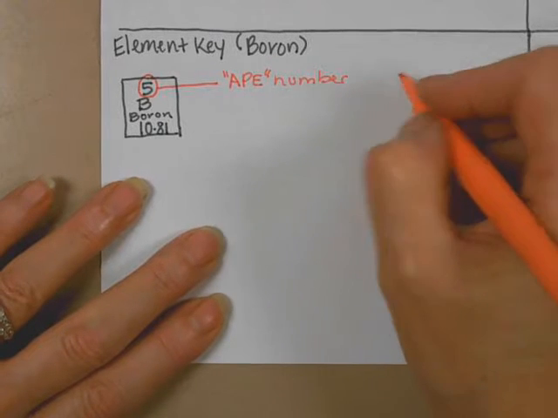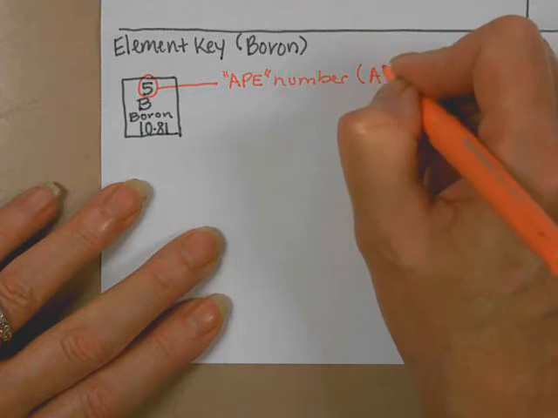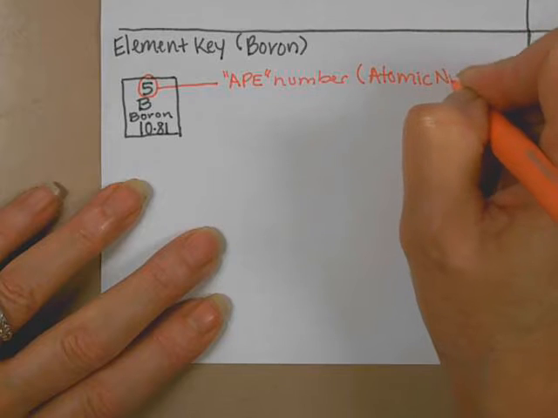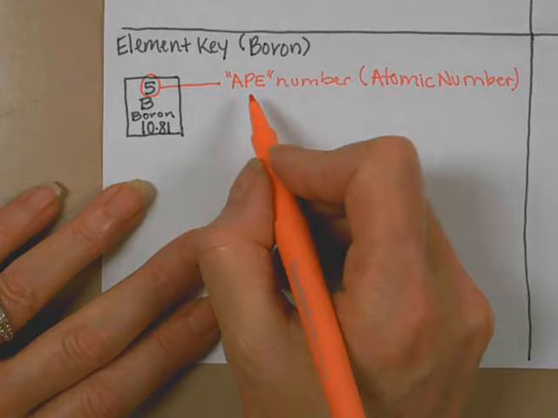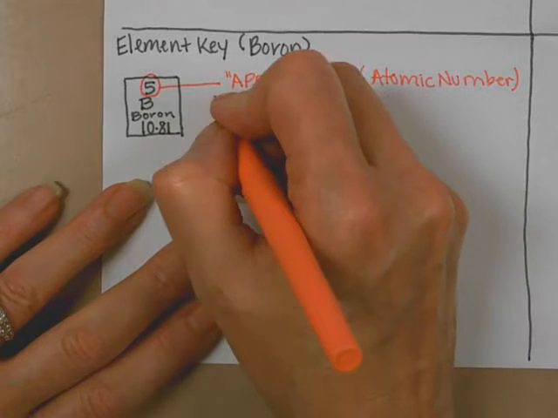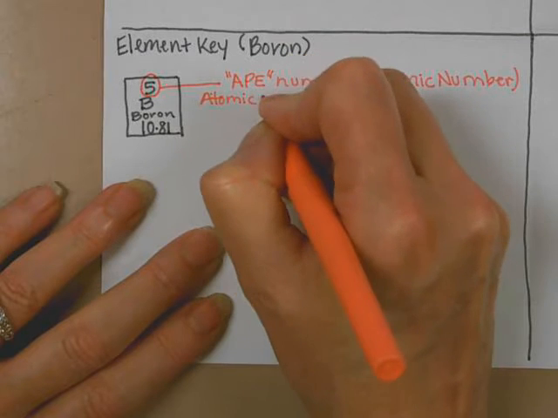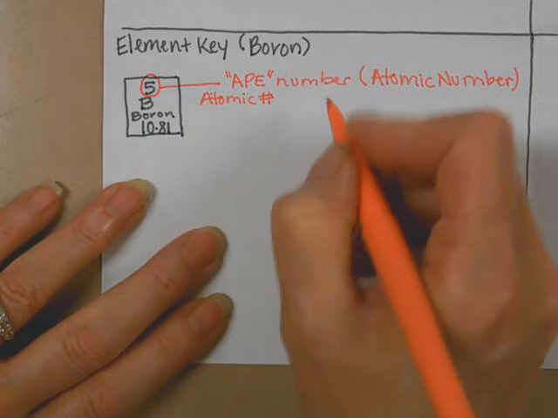It's also known or labeled on your periodic table as the atomic number. Remember, and I'm going to use this sign for number.